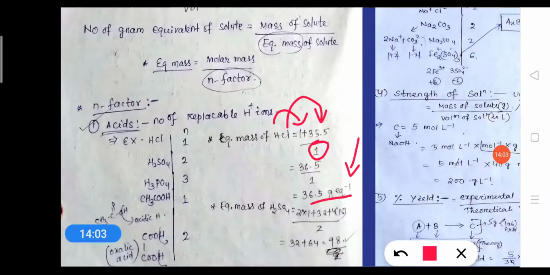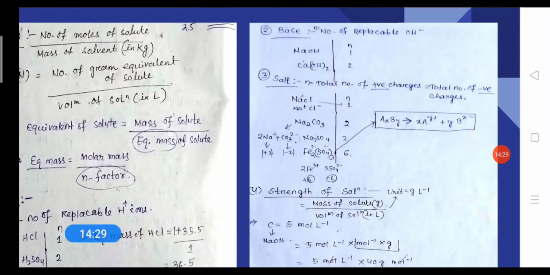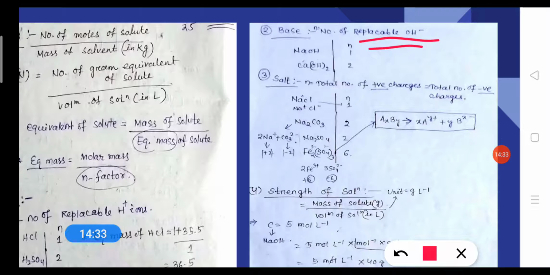In the previous calculation of molar mass the unit is gram per mole, but in case of equivalent mass its unit is gram per equivalent. Like that we can calculate the equivalent mass of H2SO4; its value is 98 gram per equivalent. Okay, then next is the case of bases. What is the n factor? The n factor is the number of replaceable hydrogen atoms.